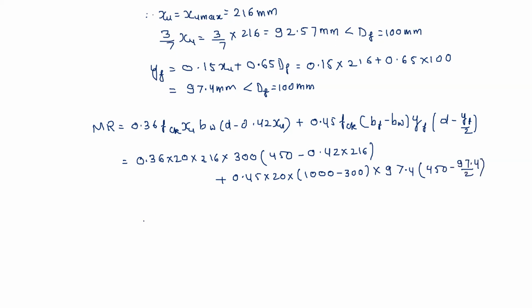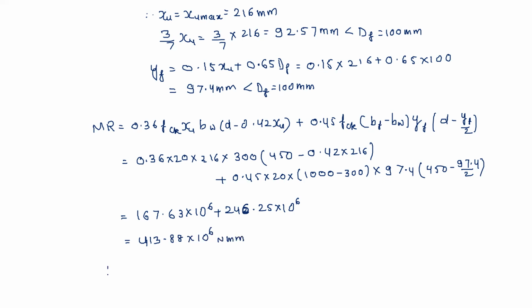And from this we will get value of MR, which is equal to 167.63 into 10 raised to 6 plus 246.25 into 10 raised to 6, and that value we have equal to 413.88 into 10 raised to 6 Newton millimeter.